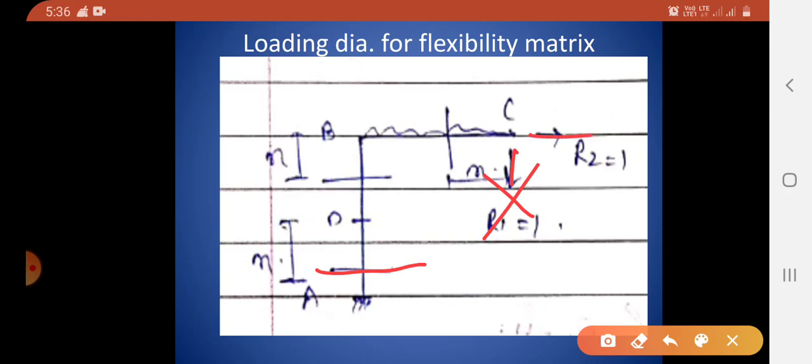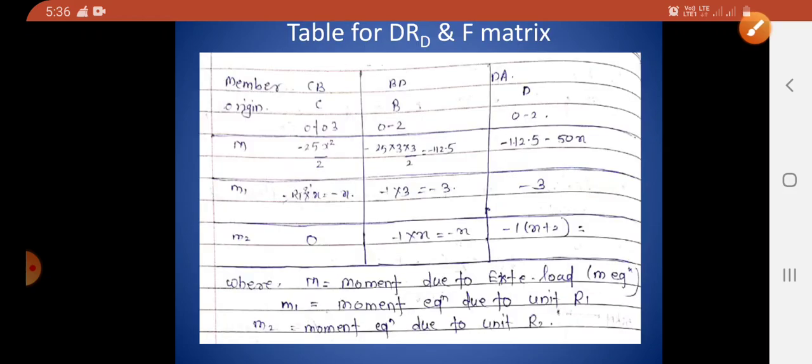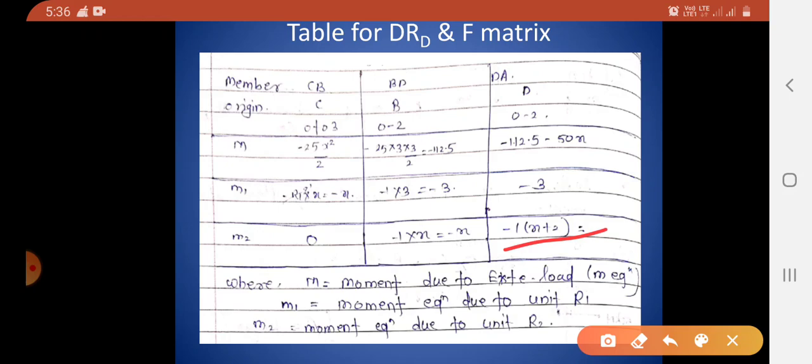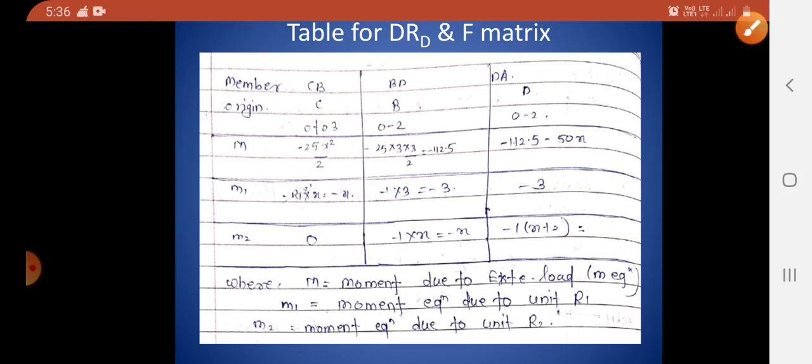Again this R2 is causing a right clockwise moment, minus 1 into this perpendicular distance. What is this perpendicular distance? This is 2 meter plus x. So minus 1 into 2 plus x. Yes, you can see it in the table, minus 1 into x plus 2. Now this table is clear to all of you.